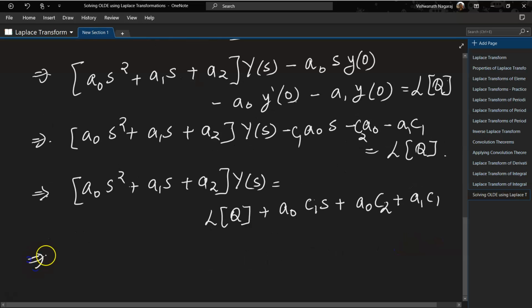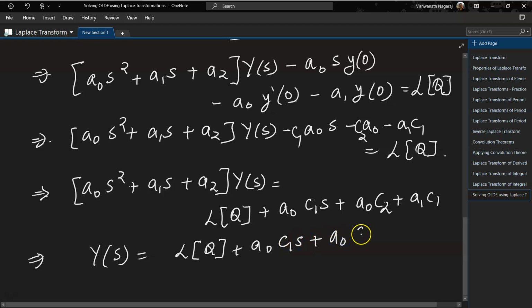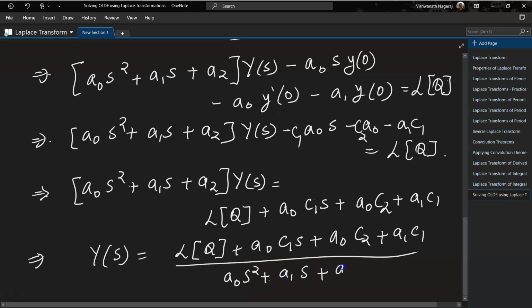And now what we can do is take this to the denominator on the other side. So capital Y of s is equal to Laplace of q plus a naught c1 s plus a naught c2 plus a1 c1 divided by a naught s square plus a1 s plus a2.